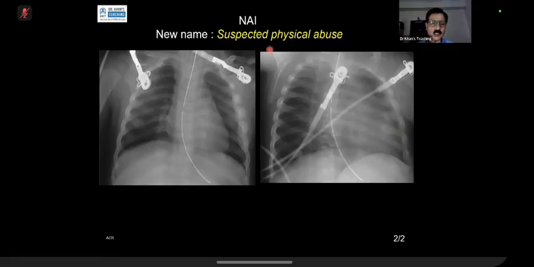Now we have changed it to suspected physical abuse. So in UK, now the latest is that if you want to impress the examiners, use this word suspected physical abuse. I am sure they will not mind if you still use the word non-accidental injury. So this is a case of NAI. Why I wanted to show you here is that the same radiological finding can be seen in NAI as well as in rickets. Thank you very much, candidate 3.